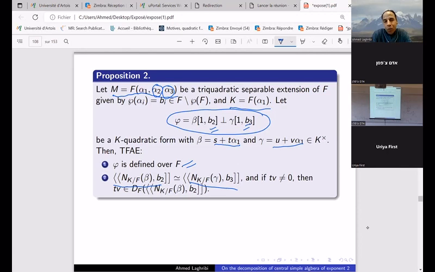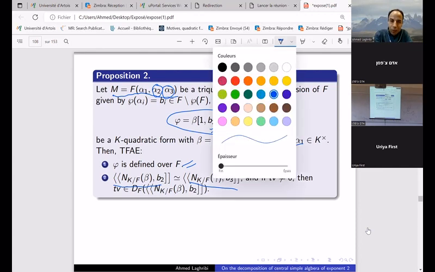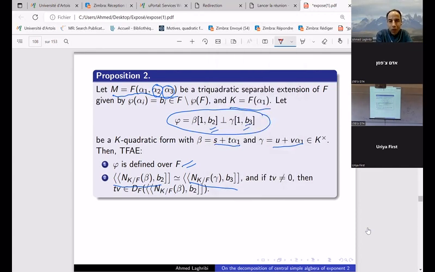Okay, what is the importance of this proposition? Before that, let me note something. If you see this form phi, when you extend it to M, it becomes hyperbolic, because when you extend to M, you will kill b_2 and b_3.